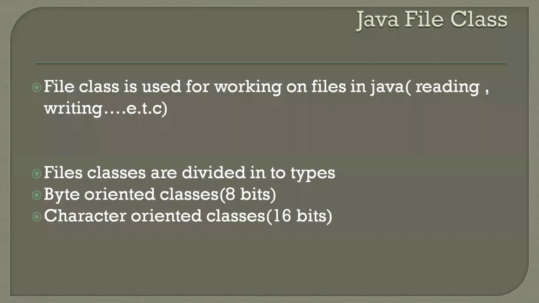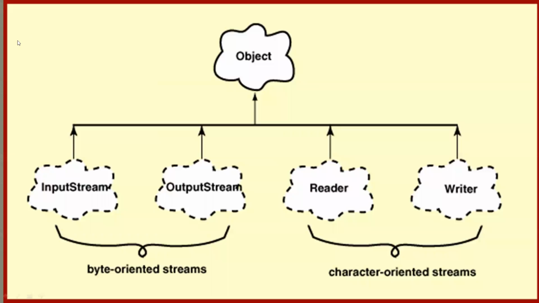If the class name ends with stream, those classes are called byte-oriented classes, and the classes whose names end with reader or writer are called character-oriented classes. Even the byte-oriented classes are divided into two categories, and the character-oriented classes are also divided into two categories.